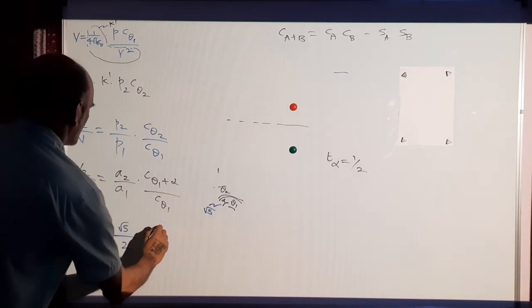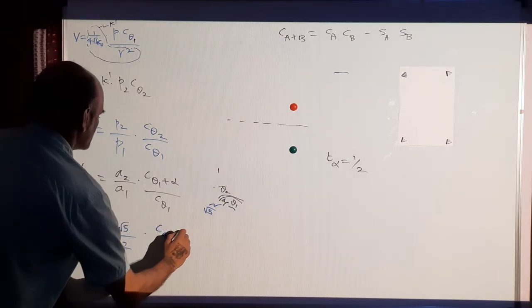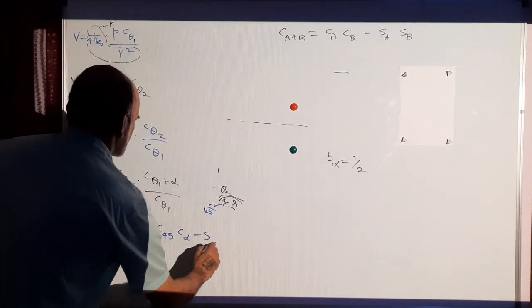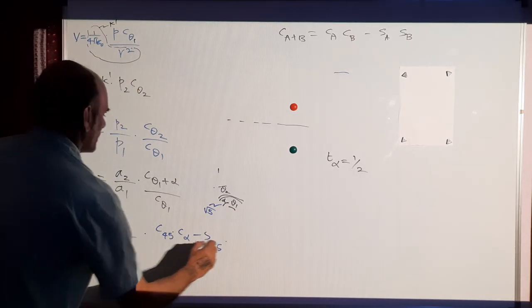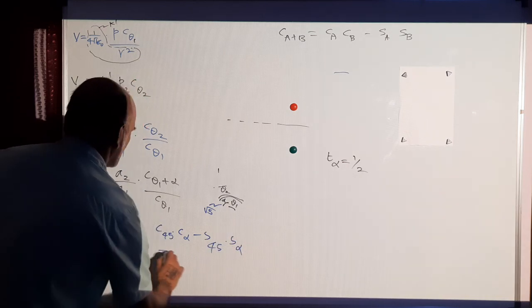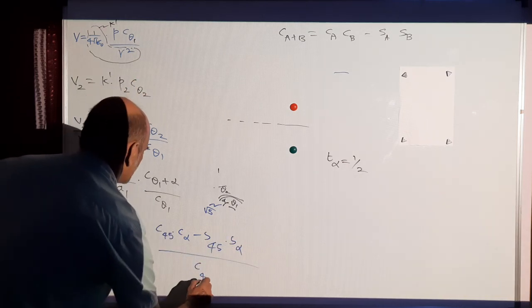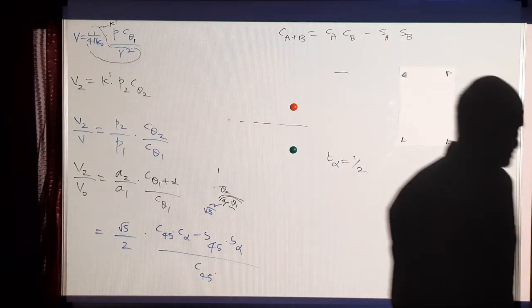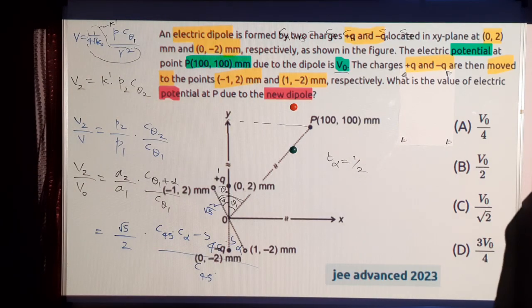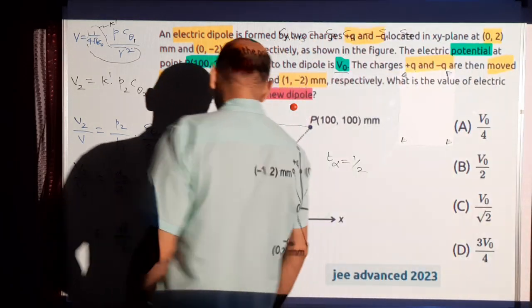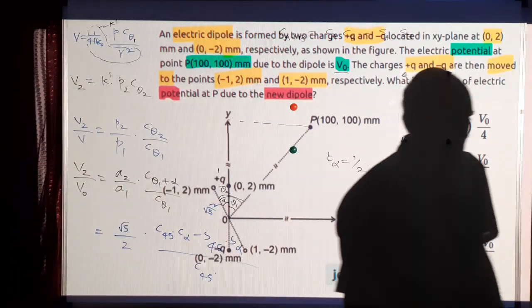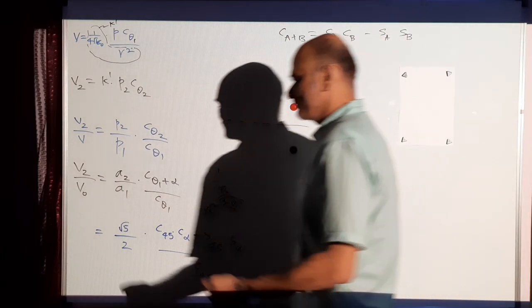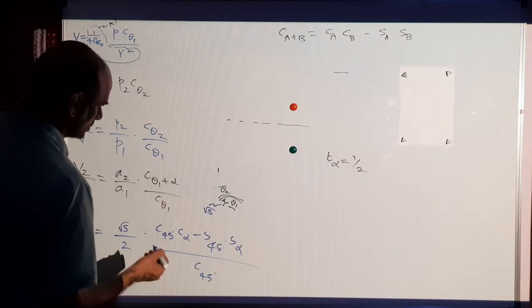So this will become cos 45 cos alpha minus sin 45 sin alpha, by cos 45 degrees. Theta 1 is 45 degrees in the first case dipole. Okay, so this just has to be simplified. Cos 45 and sin 45 are equal and is equal to root 2.